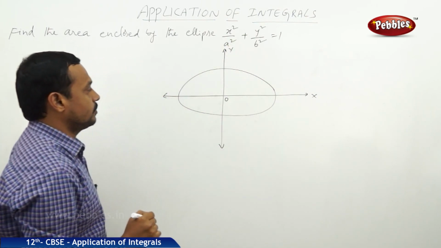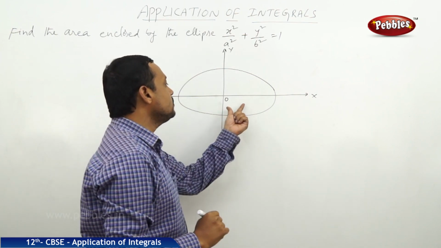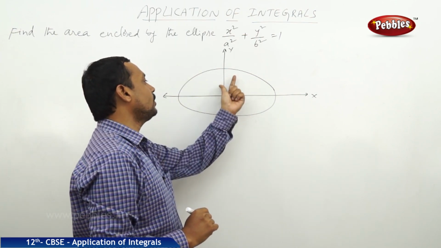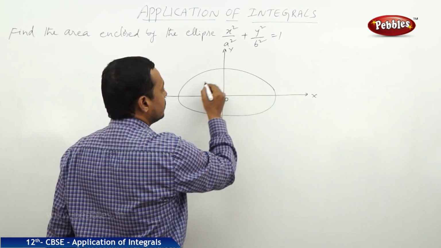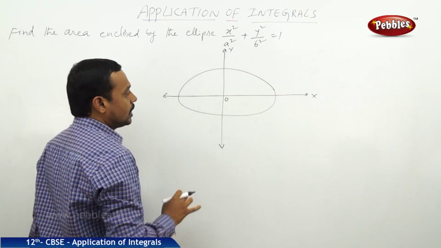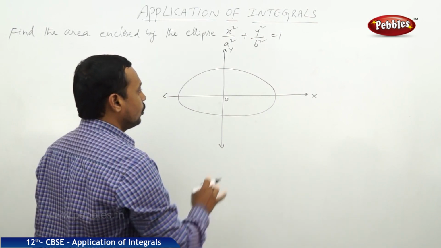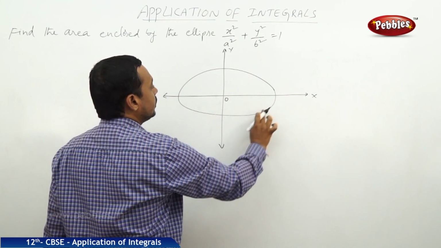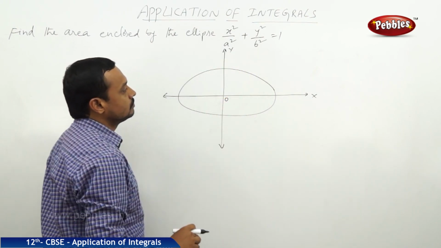This is ellipse whose center is at origin in the standard form, x square by a square plus y square by b square is equal to 1. Ellipse is also symmetric about x and y axis. And again it has 4 portions with x and y axis. Now all these 4 portions give equal area. Therefore, the area enclosed by total ellipse is 4 times of each portion.